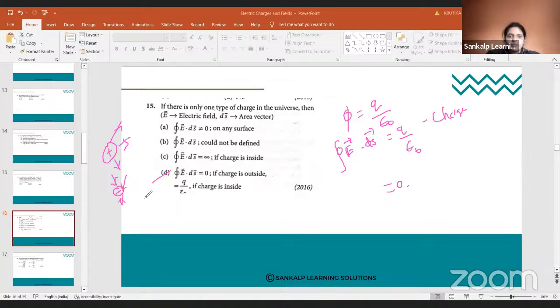So whichever way you take, even if there is a single charge, it will produce electric field lines. Therefore options C, B, A are not correct. Only the valid option is option D. Why? According to the Gauss law. Yes. So option D is correct here. Okay, then the next question.